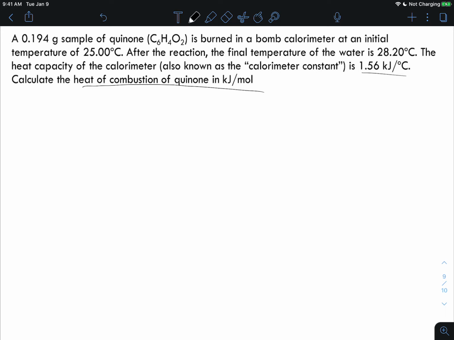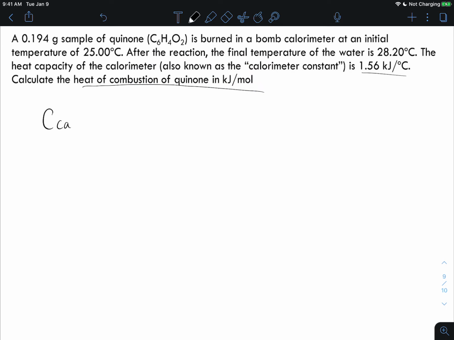So with our calorimeter constant, this is going to take into account the water along with the calorimeter itself, so it should take into account all the heat changes that are occurring due to the change in temperature of the quinone.